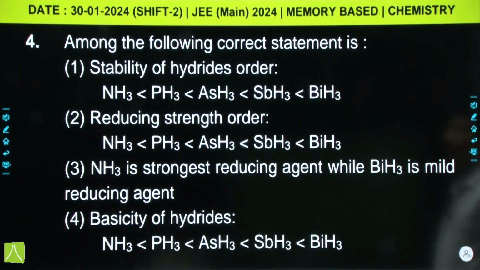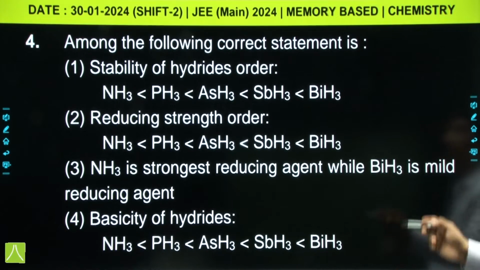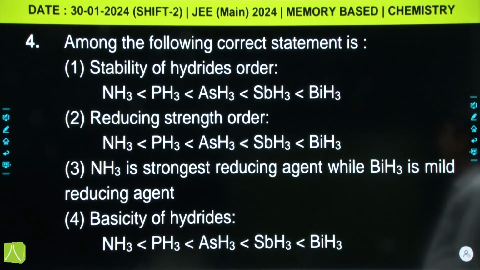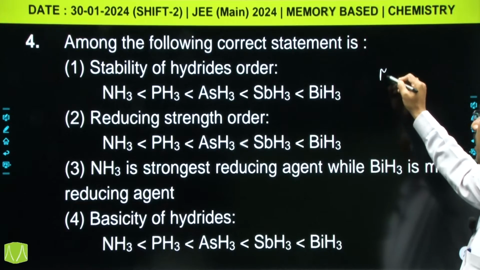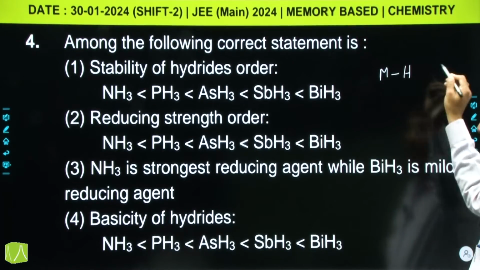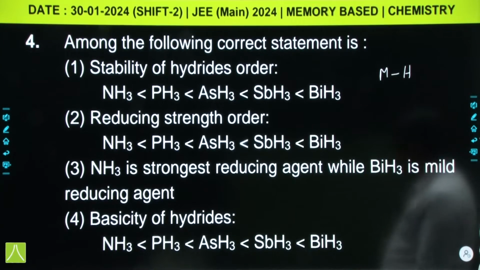Next, among the following, the correct statement is: stability of hydrides order is given NH3 less than PH3 less than AsH3 less than SbH3 less than BiH3. In the 15th group hydrides, from top to bottom, as the atomic size of the element increases, the M-H bond length increases and bond strength decreases.